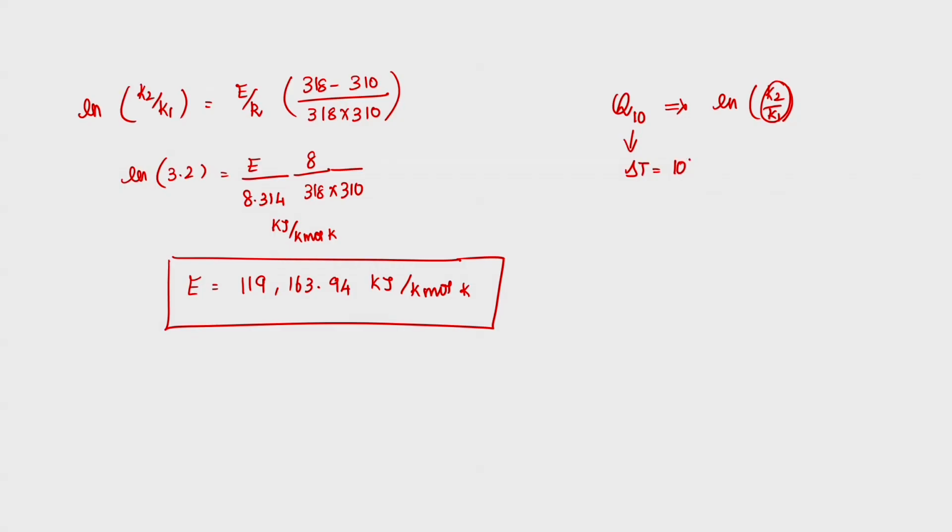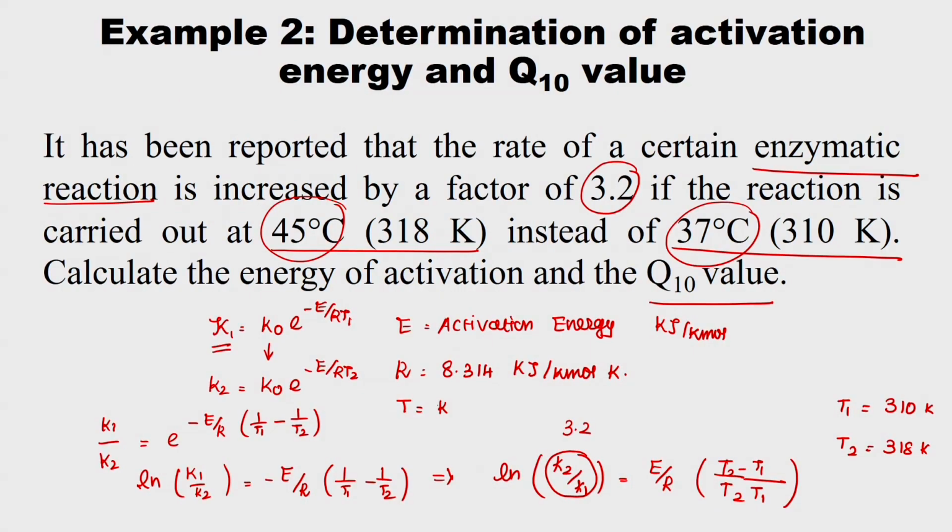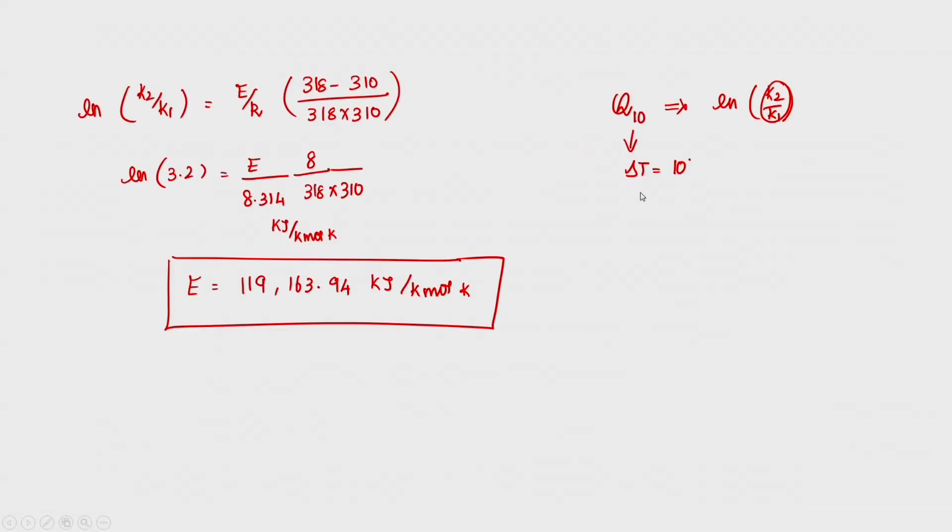The activation energy of the reaction is not going to be changed, but here what we have calculated is when temperature is increased from 37 degree to 45, so my factor is nothing but 3.2. Factor is nothing but K2 upon K1.